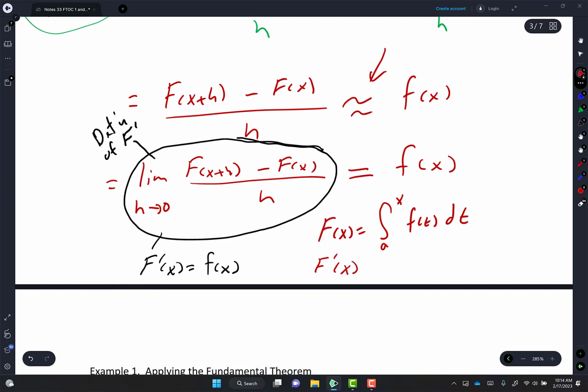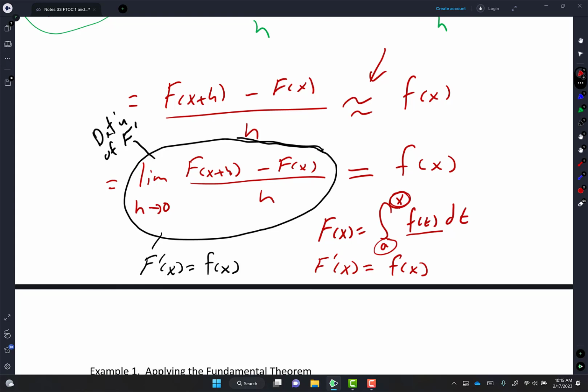F prime of x. They're telling us the derivative of this is itself, the expression on the inside, f of x. It doesn't matter what the lower limit is, as long as it's a constant. The upper limit must be x for this to be true. Because as soon as I put a number up there and I take a derivative, now you're taking the derivative of a constant and it's 0.